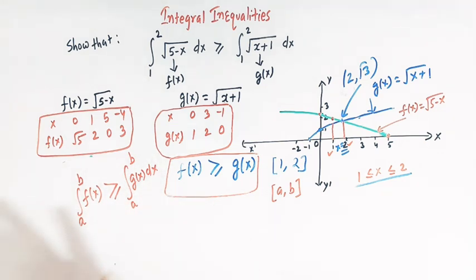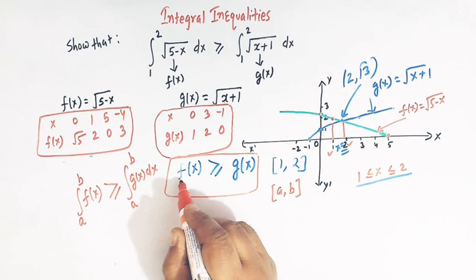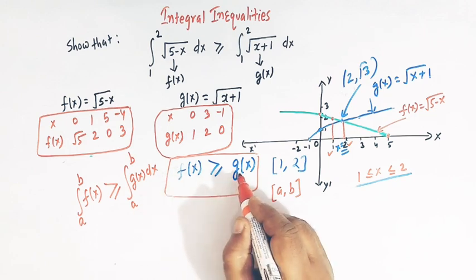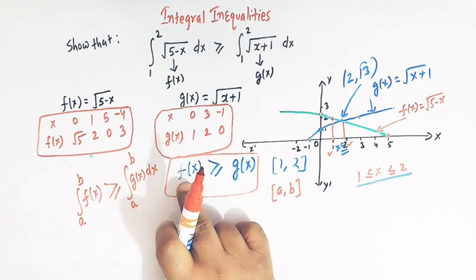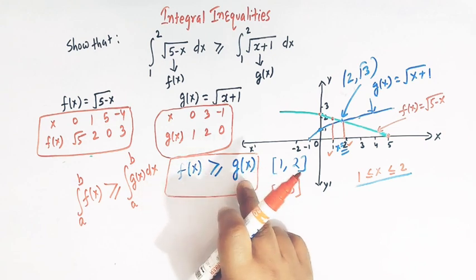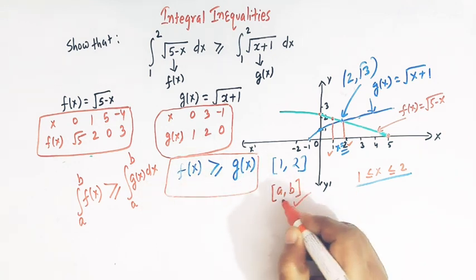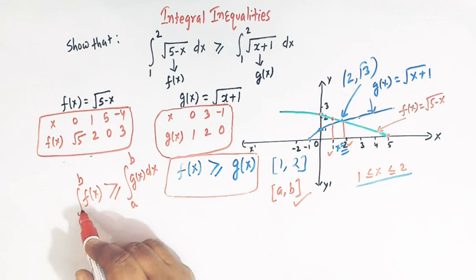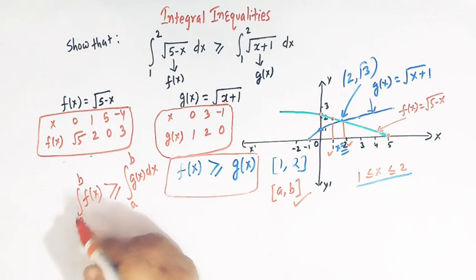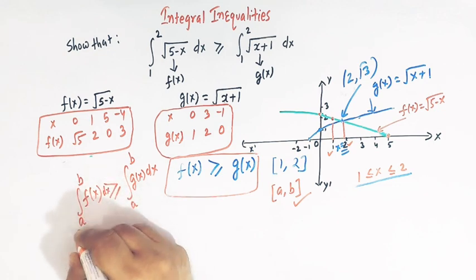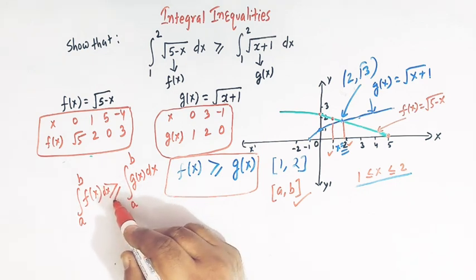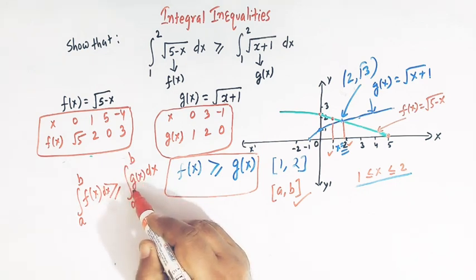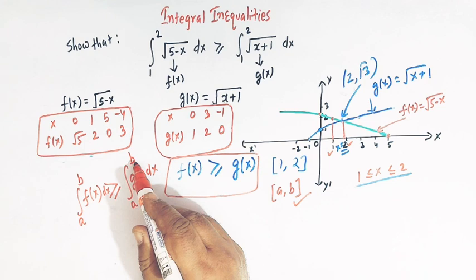So this is an important property of definite integrals: if f of x and g of x are two functions such that f of x is greater than or equal to g of x in some interval a comma b, then the integral of f of x from a to b should be greater than or equal to the integral of g of x from a to b.